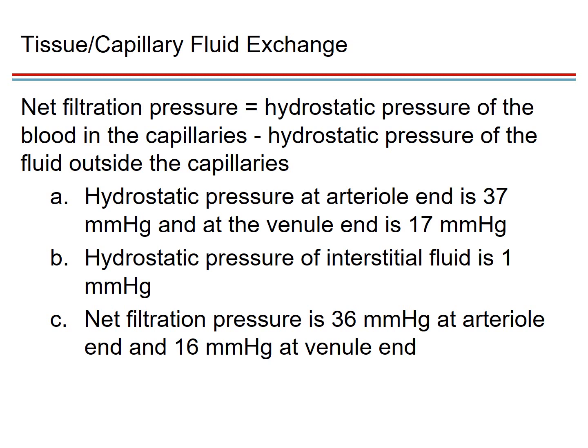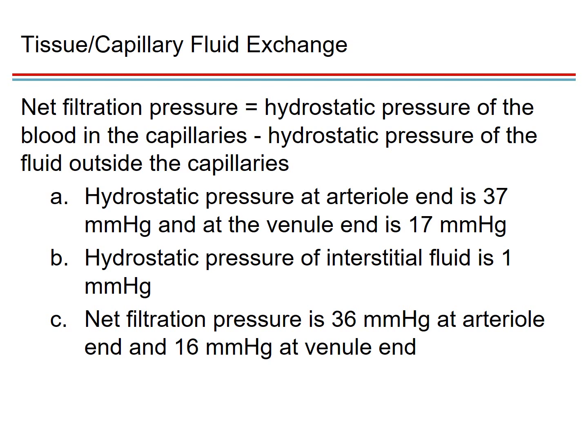Our tissue cells receive a continuous supply of glucose and other plasma solutes that are filtered through endothelial channels in the capillary walls. Filtration results from blood pressure within the capillaries, which is the hydrostatic pressure. At the arterial end, this is about 37 millimeters of mercury, compared to the venule end, which is about 17 millimeters of mercury.